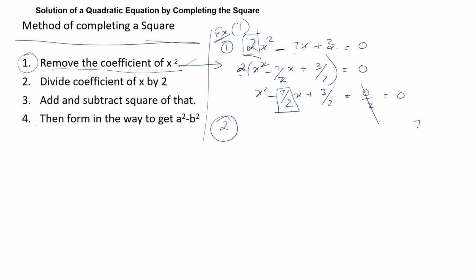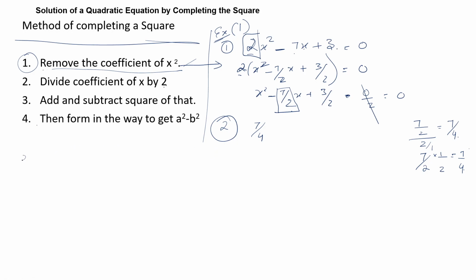Divide that by 2. What will you get? 7 by 4. Got this, na? 7 by 2 into 1 by 2 is 7 by 4. Okay, so this is done. 7 by 4 I got. Second point is done.